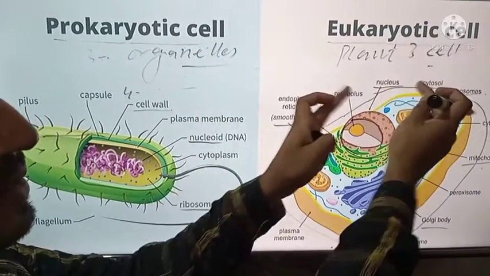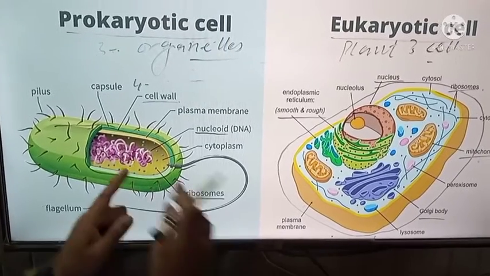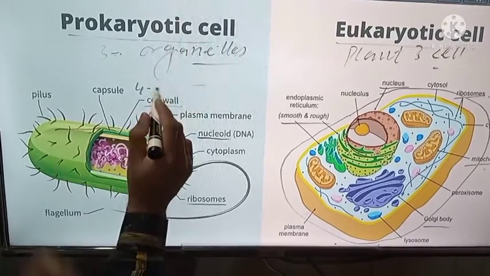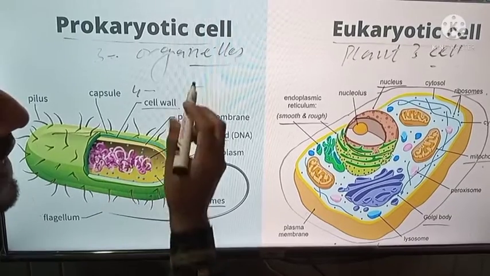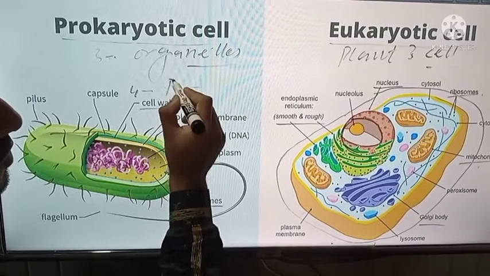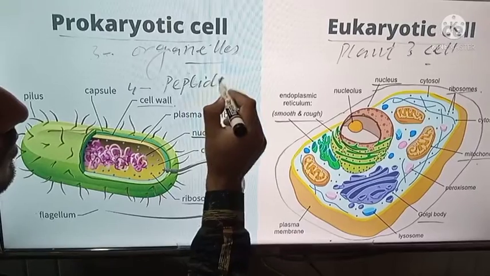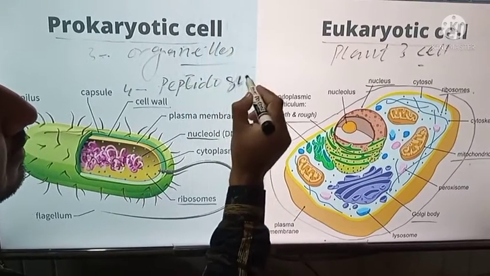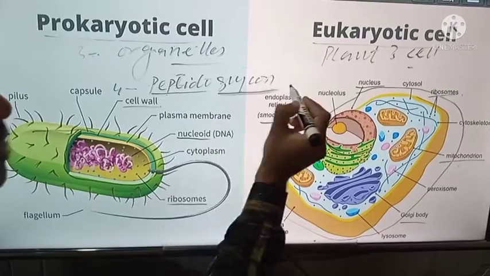In eukaryotic cells, a cell wall is also present, but the difference is in their composition. The prokaryotic cell wall is usually much more complex, and is also known as peptidoglycan. Peptidoglycan means amino acids and sugar.